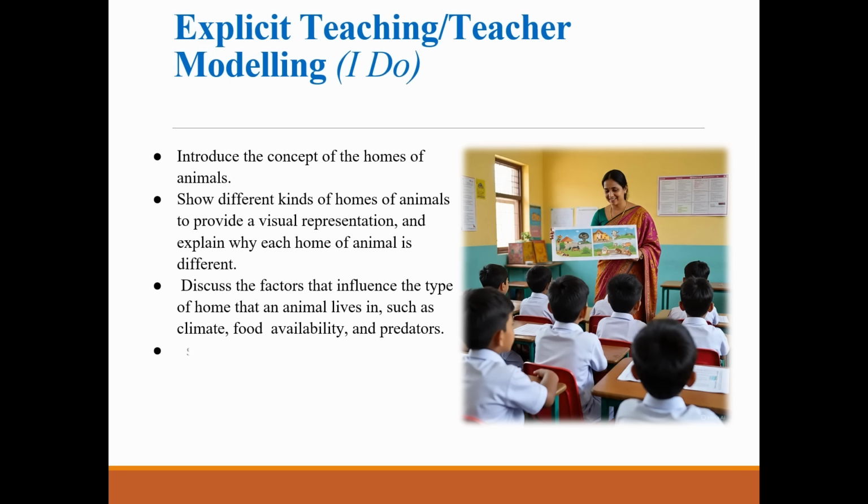And explain why each home of animal is different. Discuss the factors that influence the type of home that an animal lives in, such as climate, food availability, and predators. Ask students to observe the visual and identify the names of the homes for each animal.